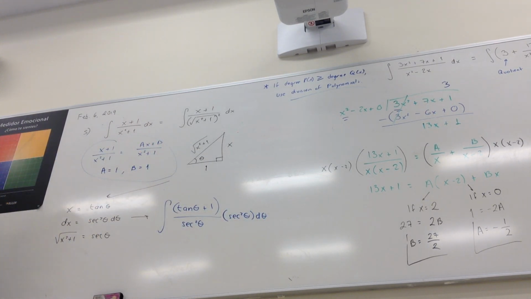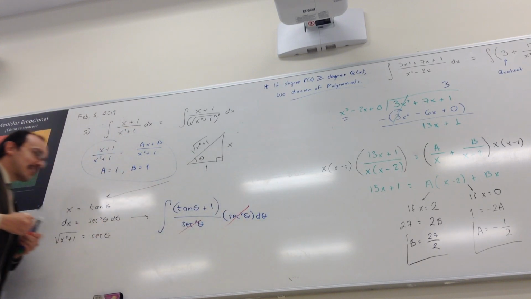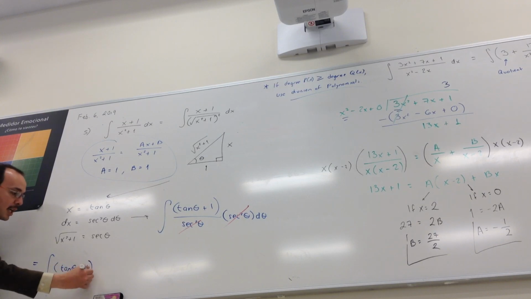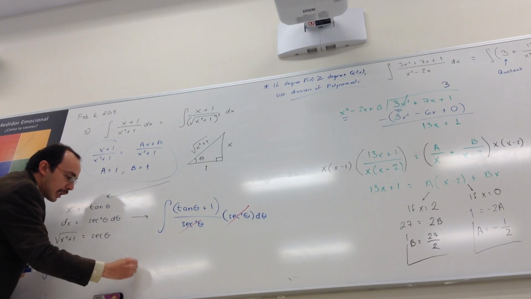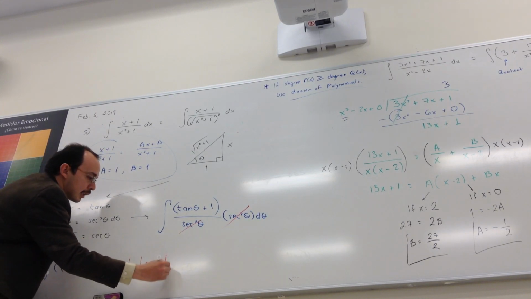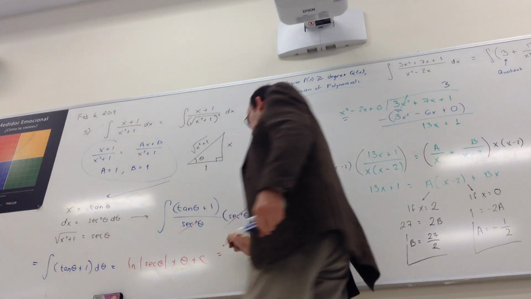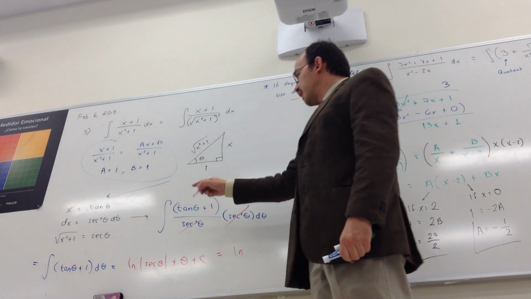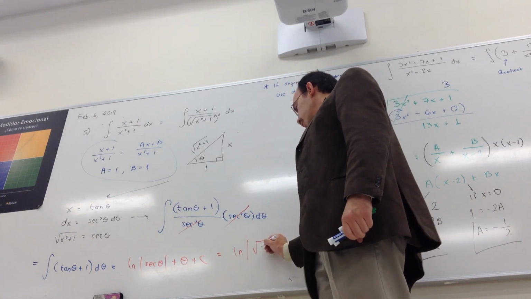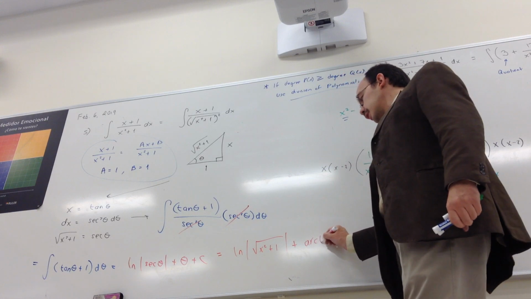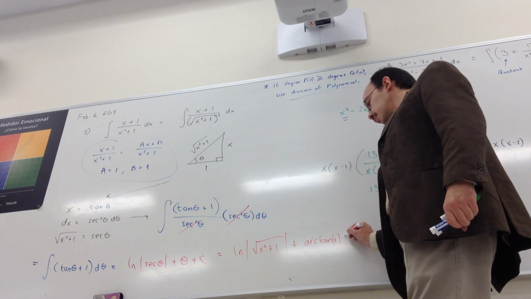And then cancel. And then tangent of theta plus 1, d theta. So the solution is ln of secant plus theta plus c, which is equal to ln of secant, which was the square root of x squared plus 1, plus arctangent of x plus c.